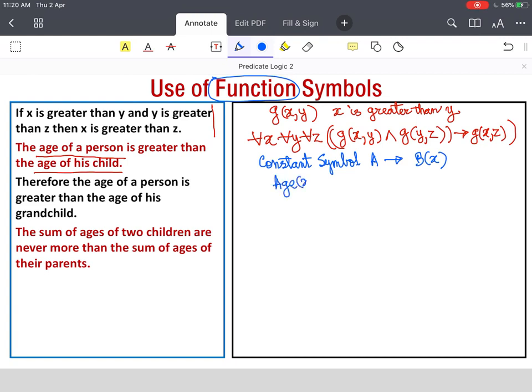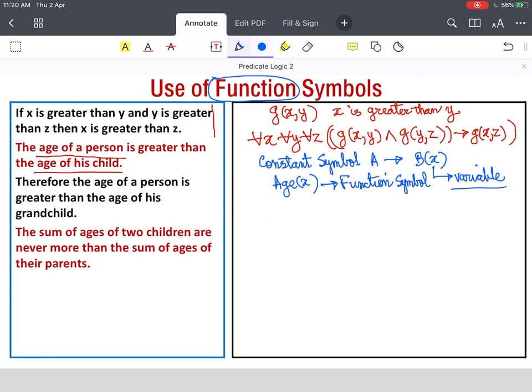For example, in this case, we define a function called age(x), where x is a variable and age is a function symbol. Just like a proposition or a Boolean variable gets generalized to a predicate with arguments, a constant symbol gets generalized to a function symbol with arguments.